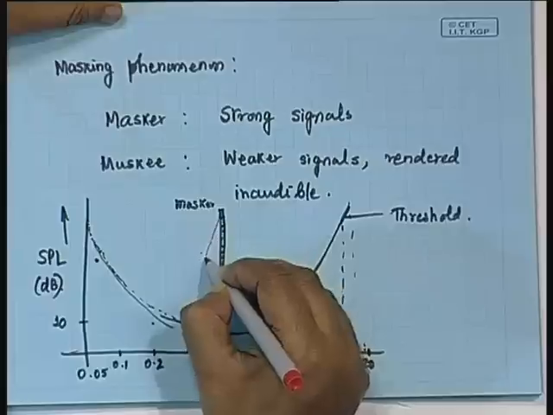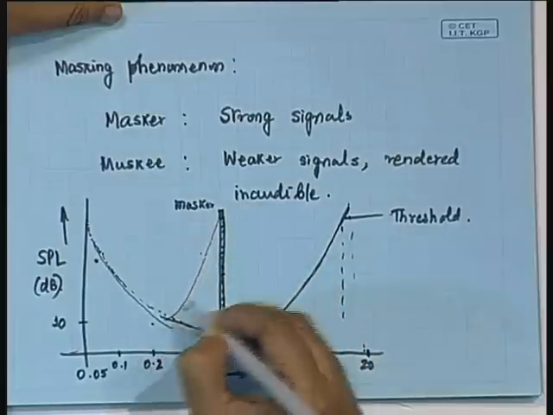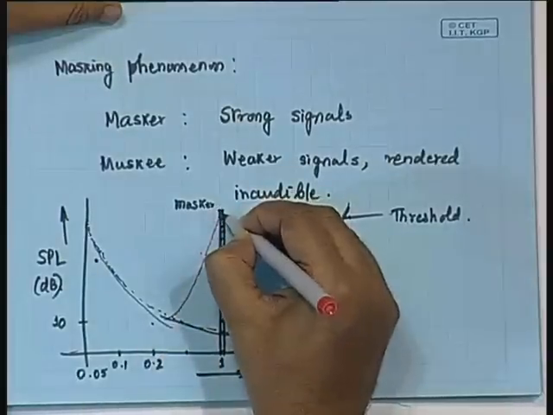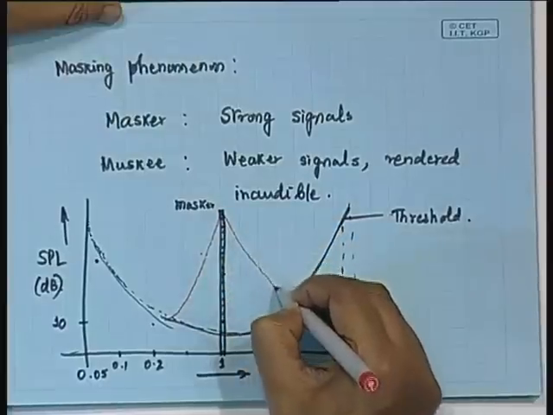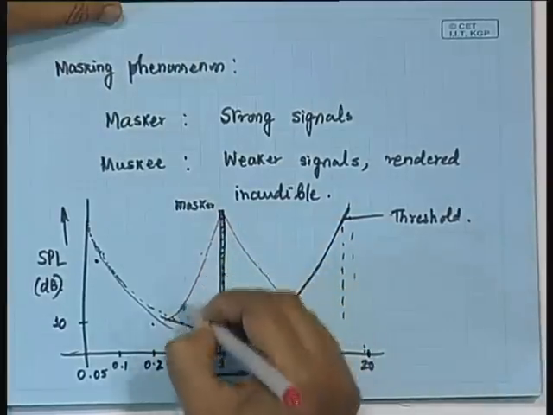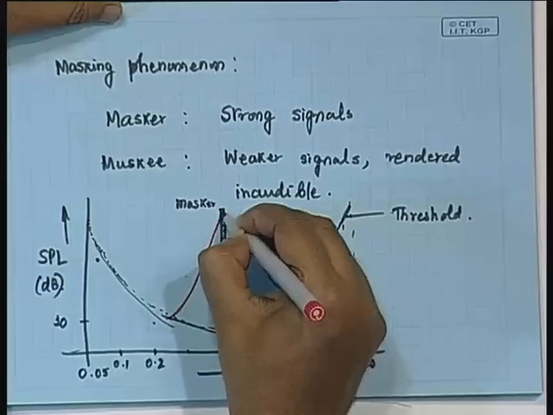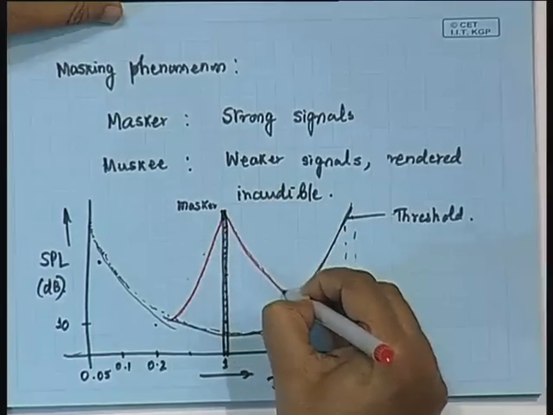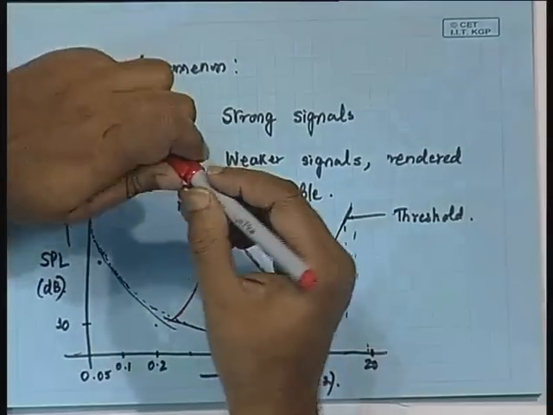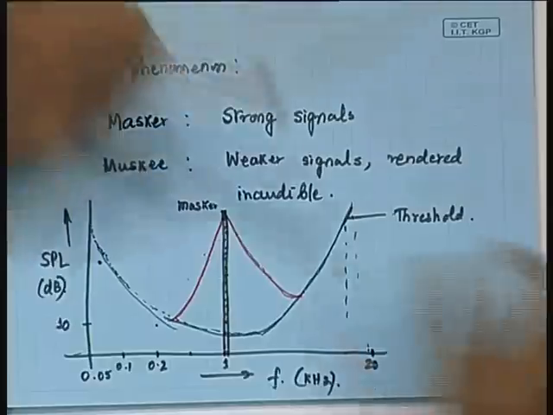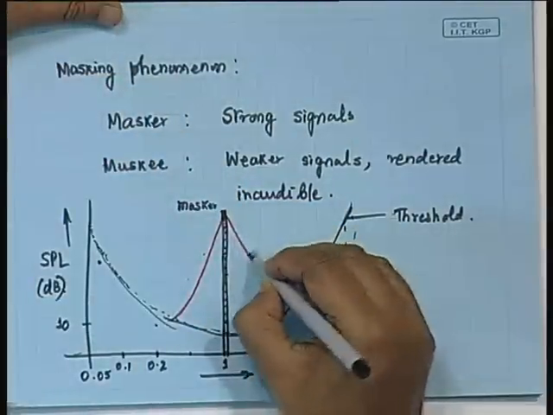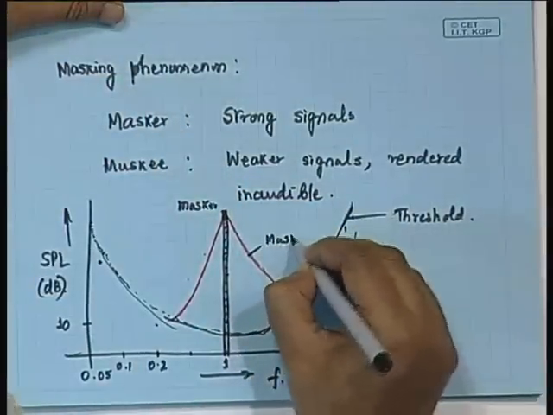It may be something like this, that we may observe that this line which I have just now drawn with red is the characteristic which we get for the masking threshold.